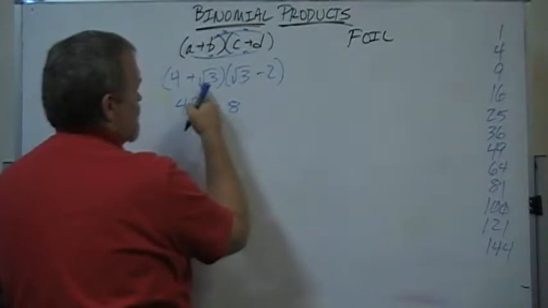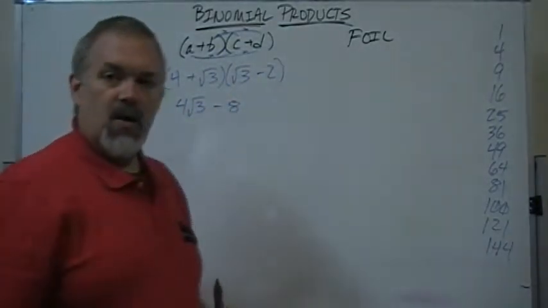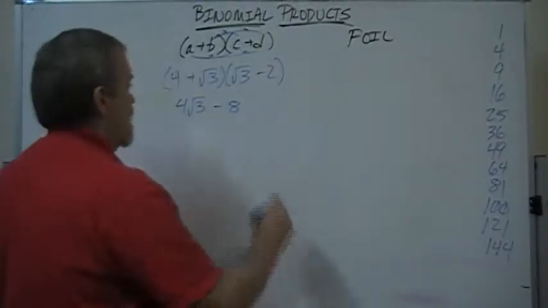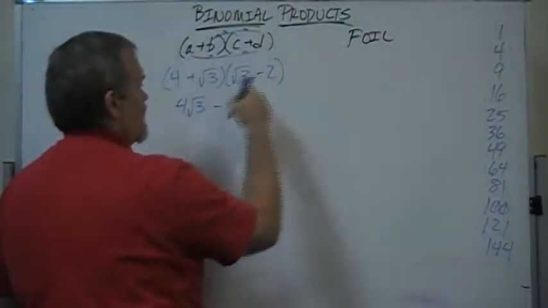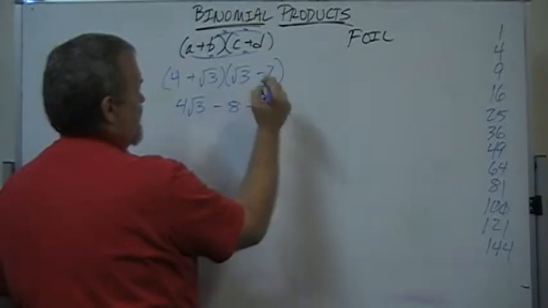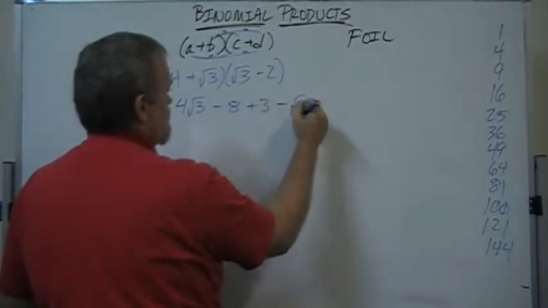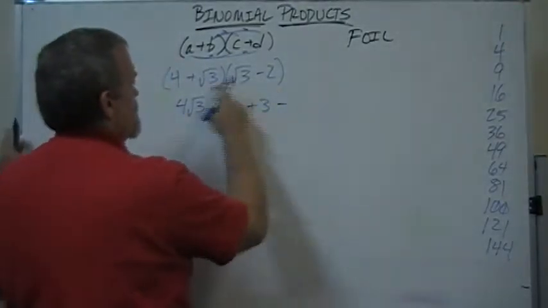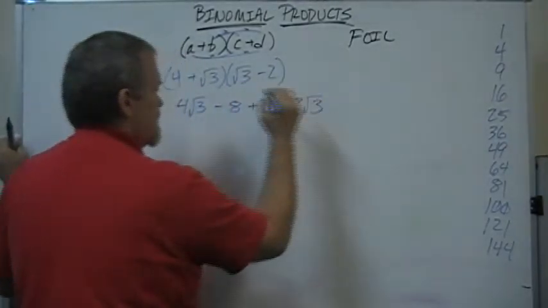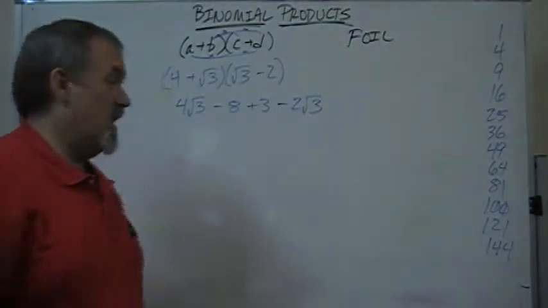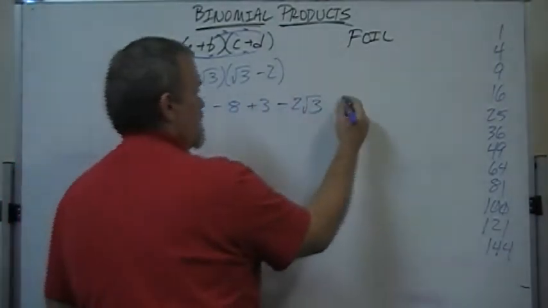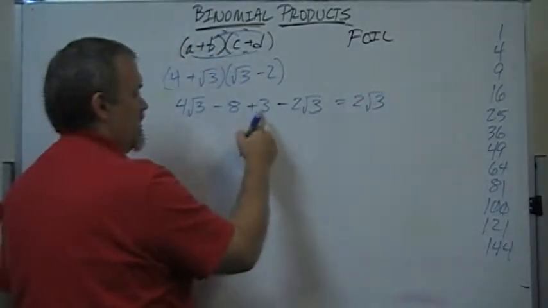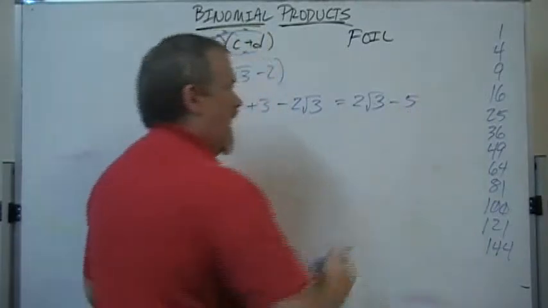The inside two, root 3 times root 3, is just 3, so plus 3. And the last two, root 3 times negative 2, is minus 2 root 3. Then we can simplify it when we're done. We have 4 root 3, take away 2 root 3, gives me 2 root 3. And minus 8 plus 3 gives me minus 5.